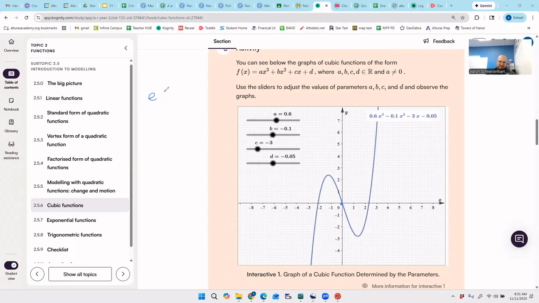And even: f of negative x is equal to f of x. Which means on both sides they have the same y coordinate, whether it's 2 or negative 2.